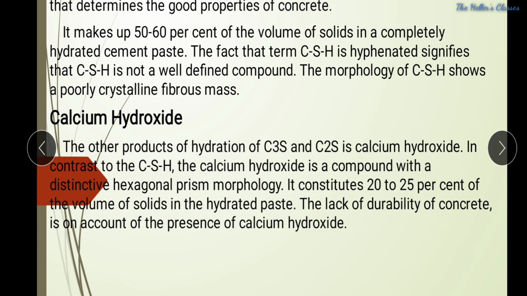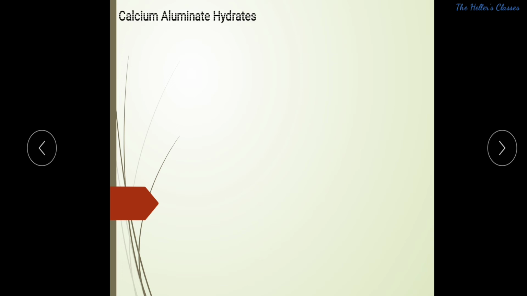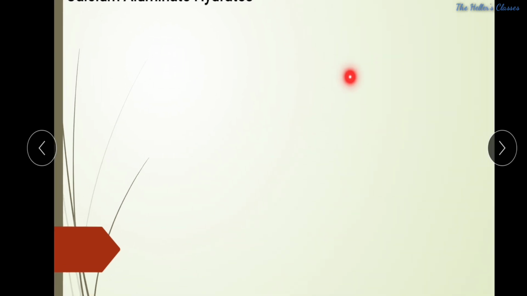The lack of durability of concrete is on account of the presence of calcium hydroxide. So calcium hydroxide is also responsible for durability. Whenever calcium hydroxide is very low in concrete, the durability is somewhat reduced. Durability means the lifespan of the concrete.